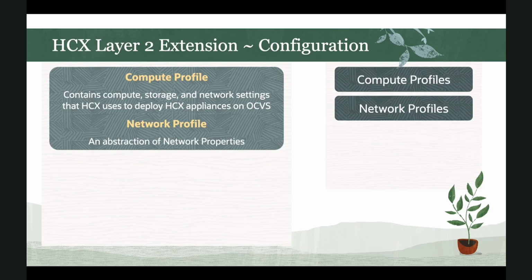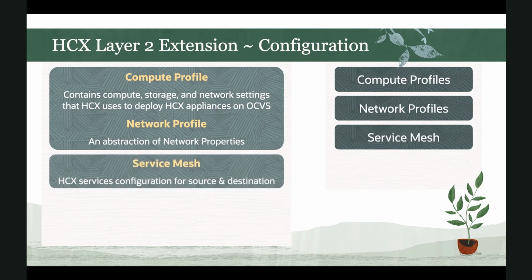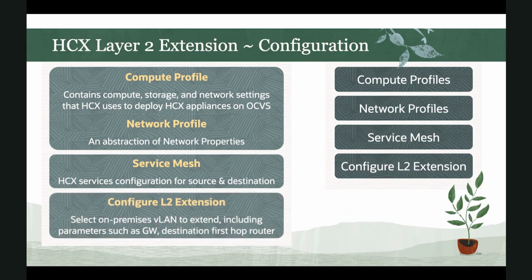In the next step, a service mesh is created, which is the HCX service configuration to be used by both on-premises and OCVS. And finally, the last step is to select the on-premises VLANs to extend, including other properties like the gateway, the destination's first hop router, etc. And with that configuration, your VLANs are now extended from on-premises to OCVS.